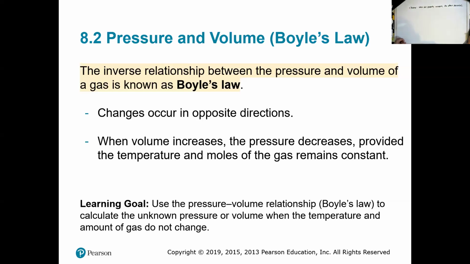Okay, that's what our term inverse is going to mean. And when we're looking at Boyle's law, we're specifically looking at the pressure and volume relationship. We're focusing on pressure and volume.